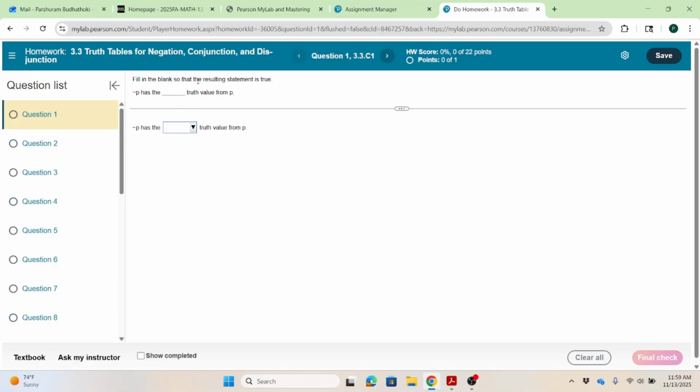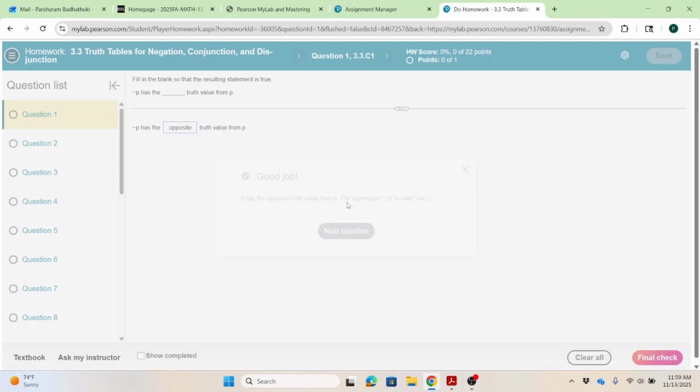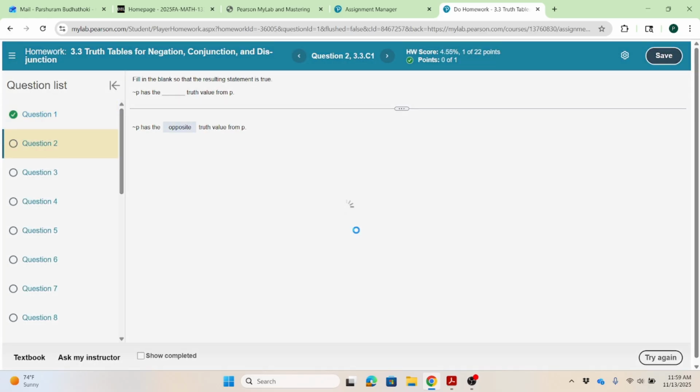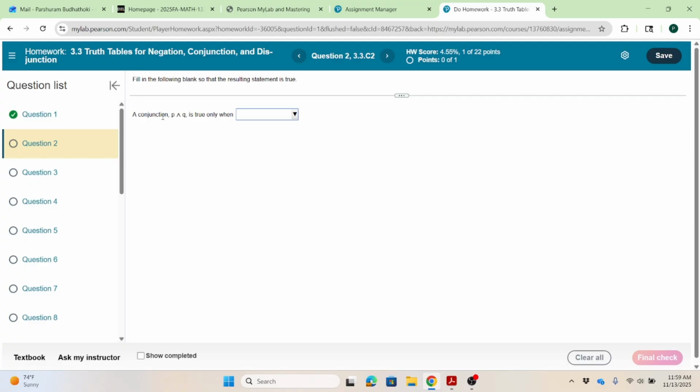Fill in the blank so that the resulting statement is true. The negation of P has the opposite truth value from P, because negation means it's the opposite. A conjunction P and Q is true only if both of them are true.